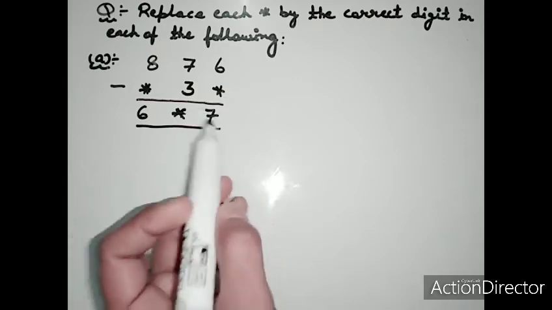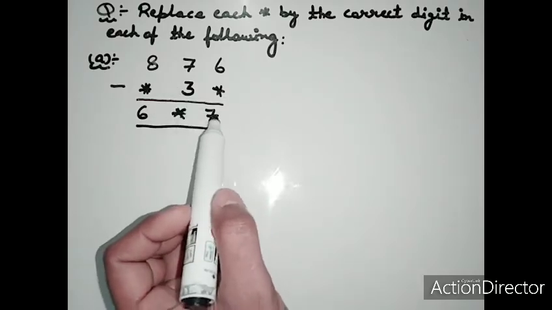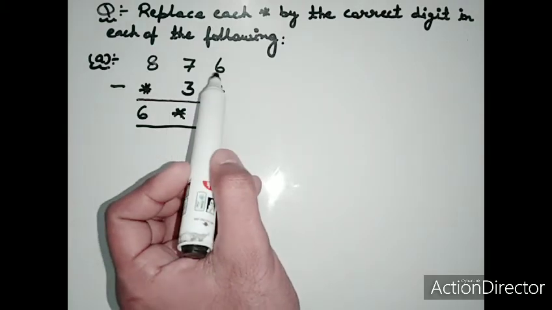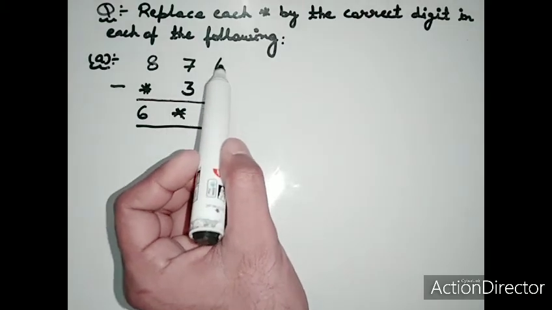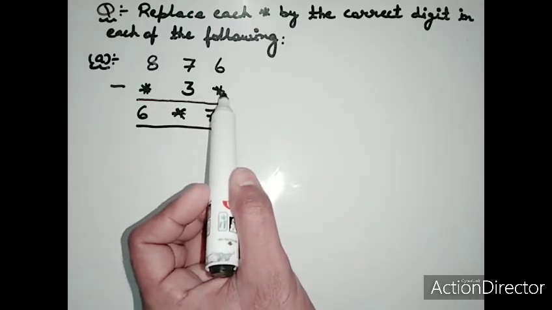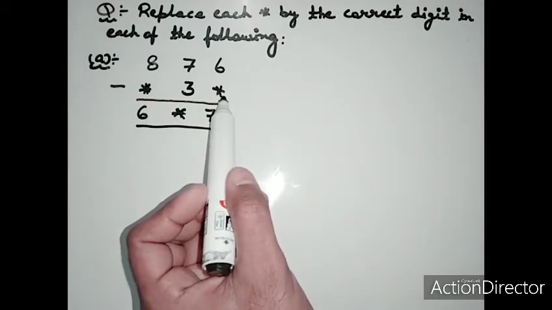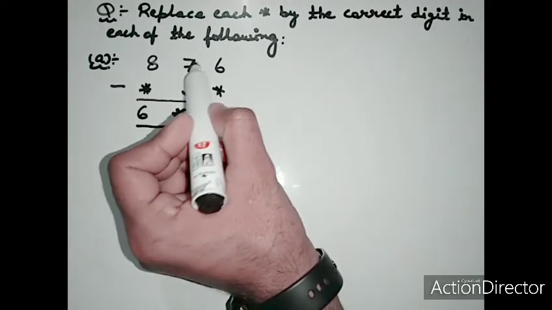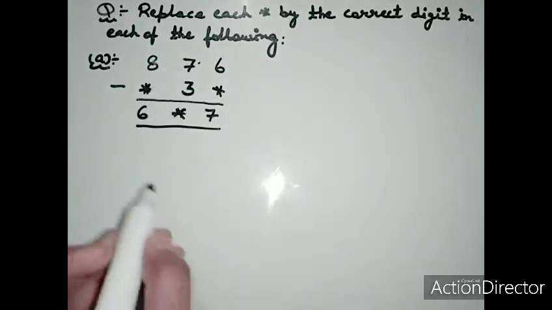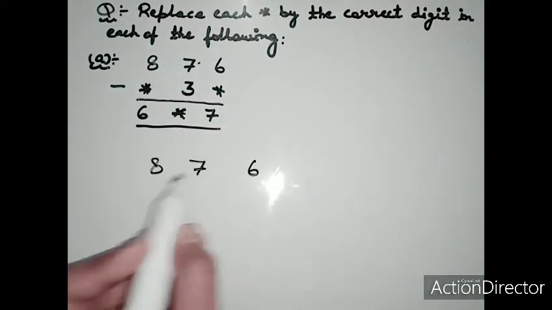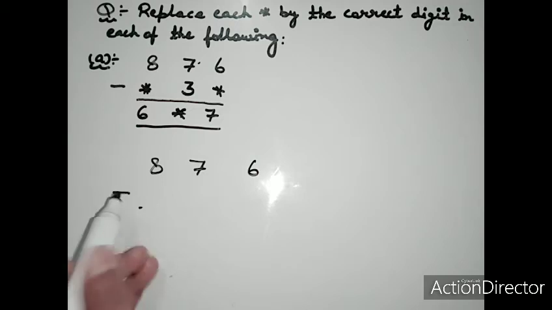Now how do we find what number comes in this place? So here if we subtract 6 and 7, then we get a number in the place of this star. So here we take a one borrow from here. Okay, now here we write 876 and here we take a blank space.